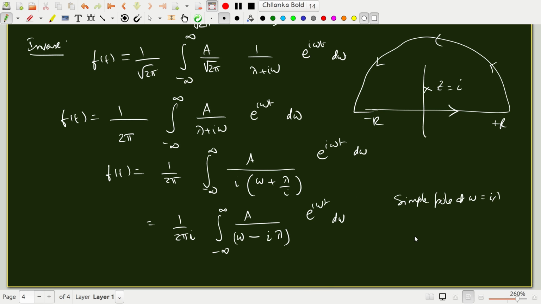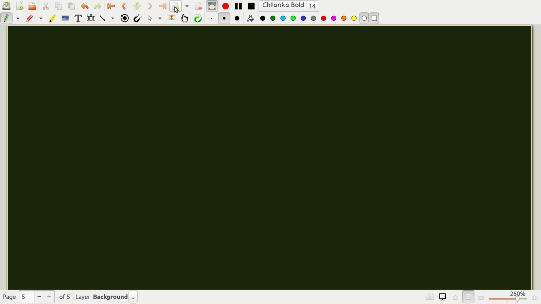So the integral is nothing but, f of t is a by 2 pi i, integral from minus infinity to infinity.